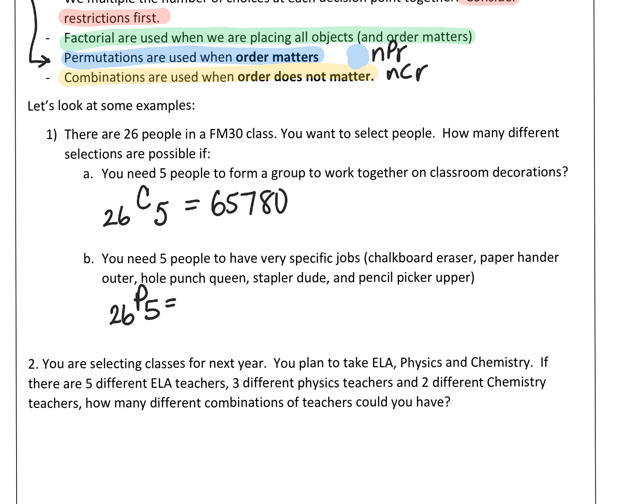And when we put that into our calculator, we get 7,893,600 different. Okay. Important to note, you could also do that as there's a spot for my chalkboard eraser, my paper hander outer, my hole punch queen, my stapler dude, and my pencil picker upper. And I have 26 people that can go there, and then 25 and 24, 23, 22. So this just goes to show that the fundamental counting principle is the same as a permutation.